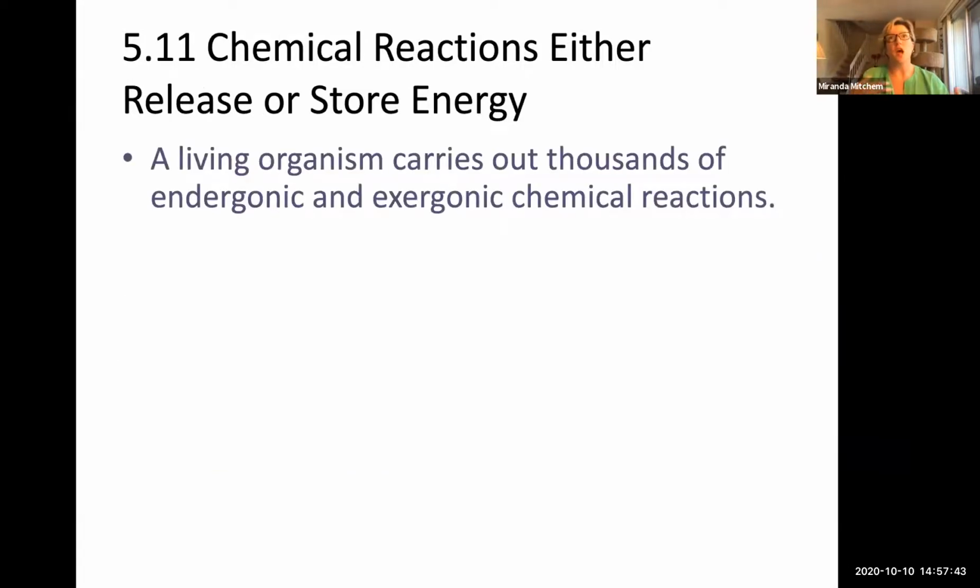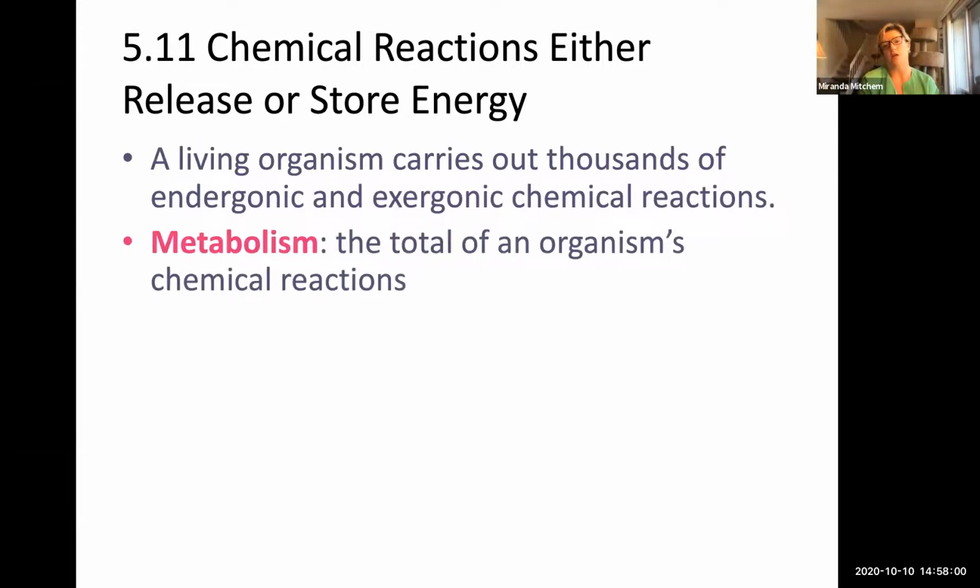So oftentimes endergonic and exergonic reactions are coupled because exergonic reactions have energy to exit, which then can enter the endergonic. So that's what we see, is that there's thousands of endergonic and exergonic reactions that define metabolism.